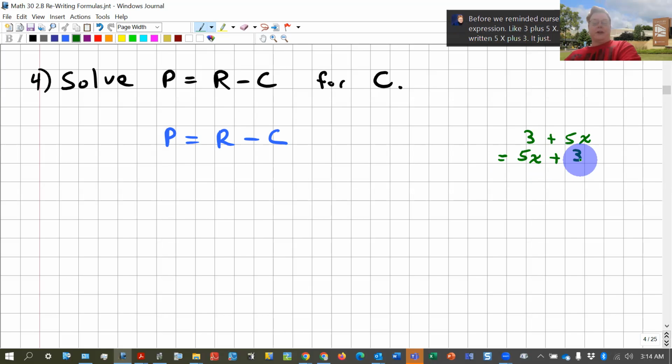It just feels better. In our formula in problem 4, the C is coming after the R and there's a subtraction. Well, addition is commutative. We can change the order of the terms when we add, but not when we subtract. Subtraction is not commutative. That's the bad news.